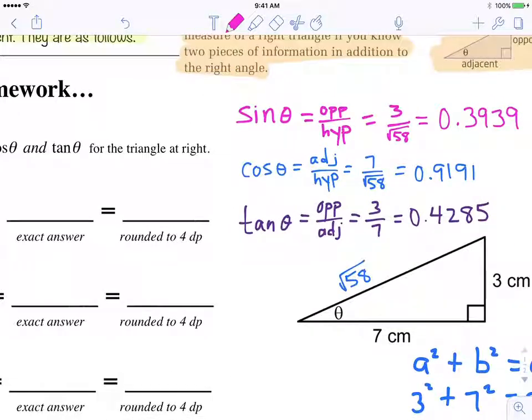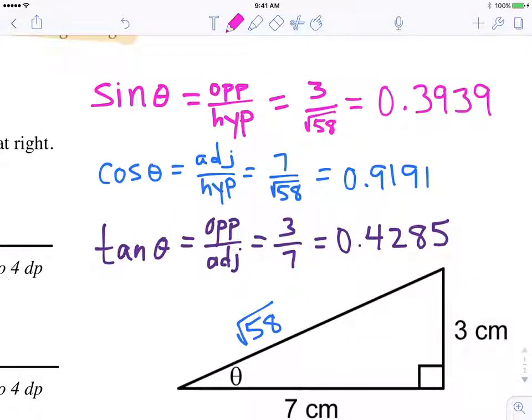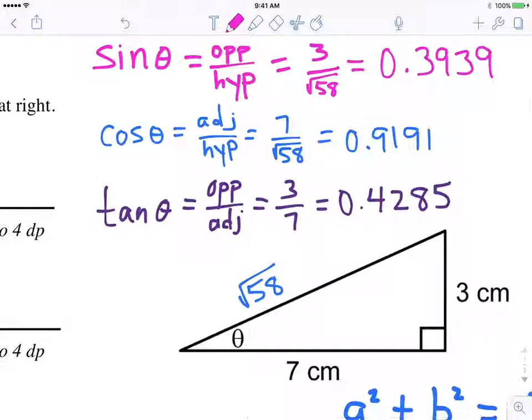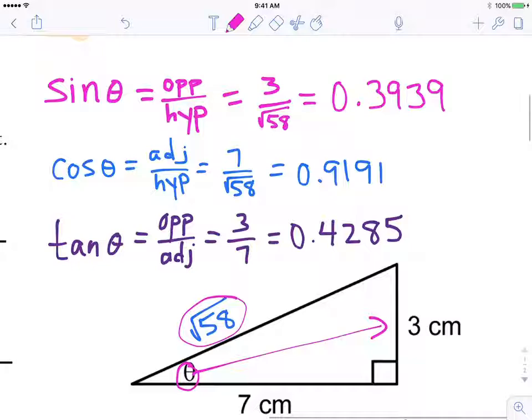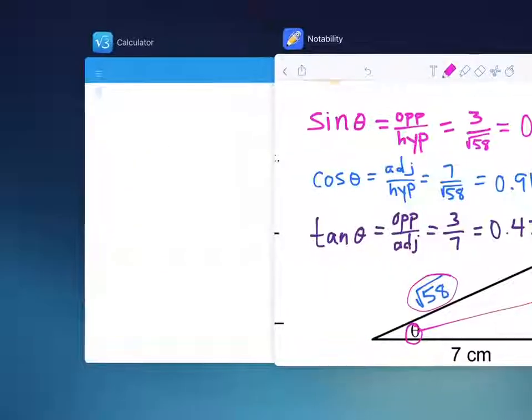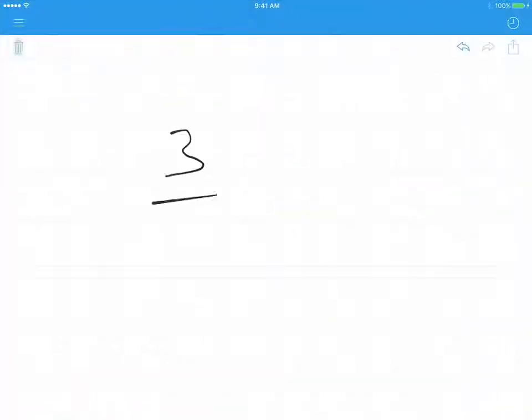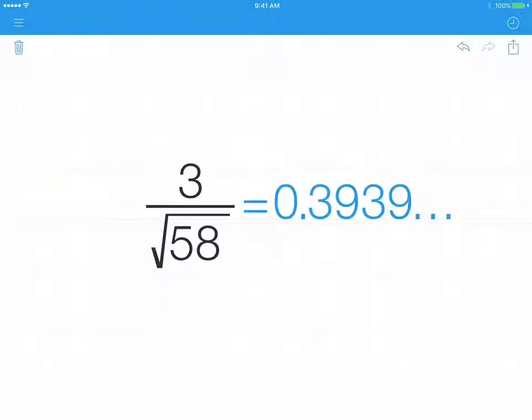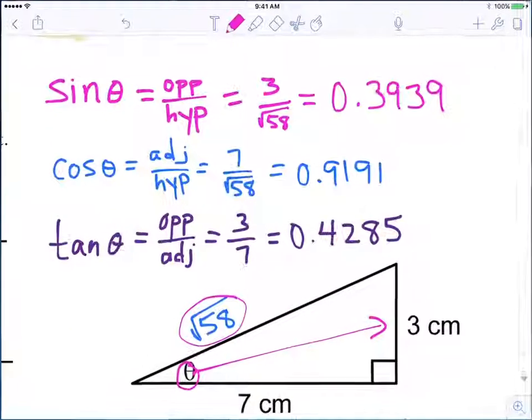So I start off with sine theta. The sine of theta is, as we know in SOHCAHTOA, opposite over hypotenuse. So if you're looking at theta, opposite is 3, and of course hypotenuse is the square root of 58. So it's 3 divided by the square root of 58. And if you use your calculator, you end up with 0.3939.